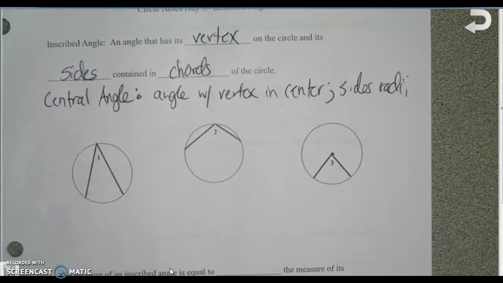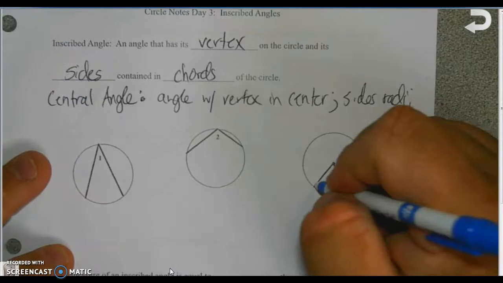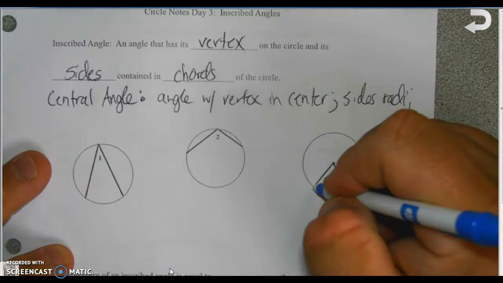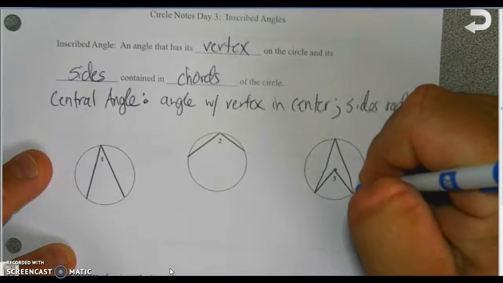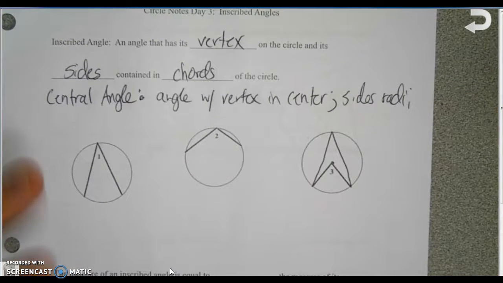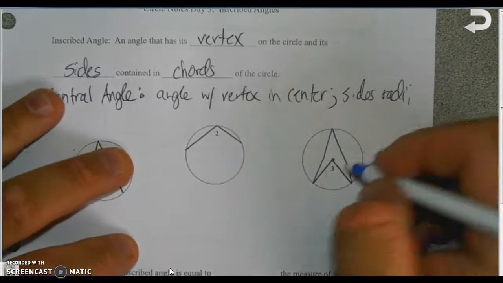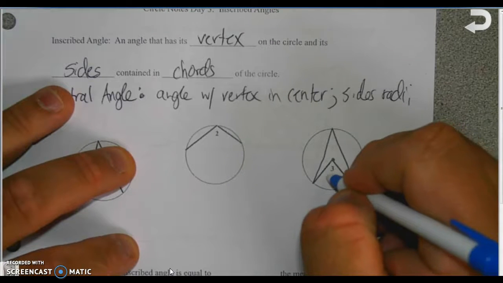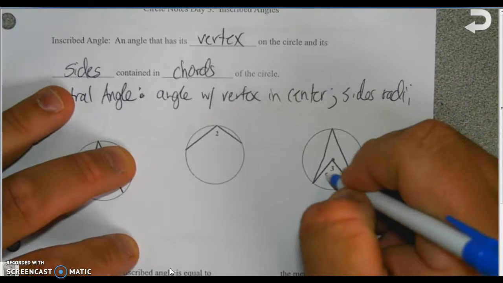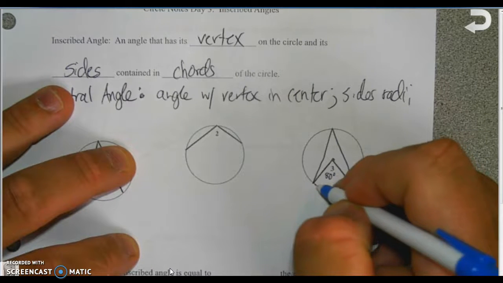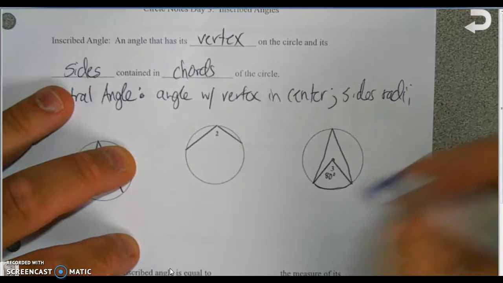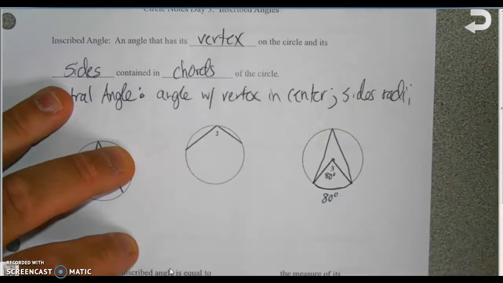So we're going to talk about some rules for how inscribed and central angles work together. And so I'm actually going to go straight to 3 so we can talk about it real fast. Yesterday we learned that if angle 3, for example, was 80 degrees, that the arc that angle 3 cut was also 80 degrees.